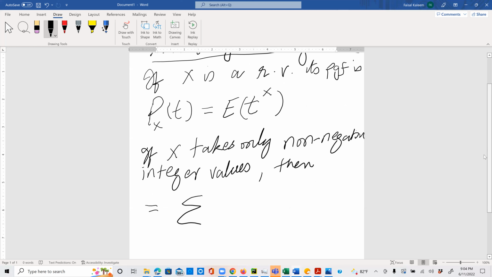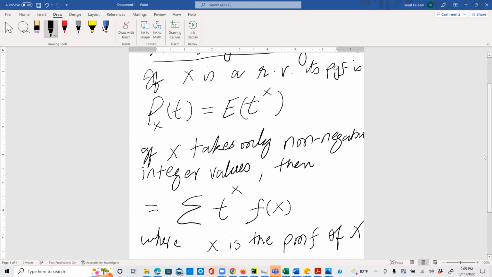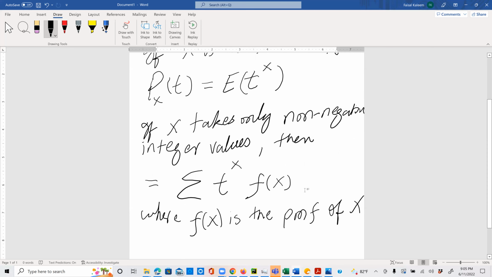And so the expected value of t to the X would just be the summation of t to the x times f of x, where f of x is the probability mass function of X.